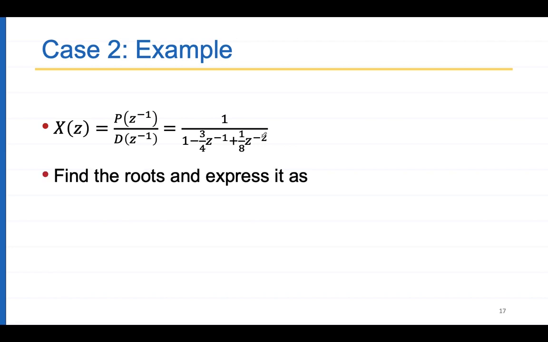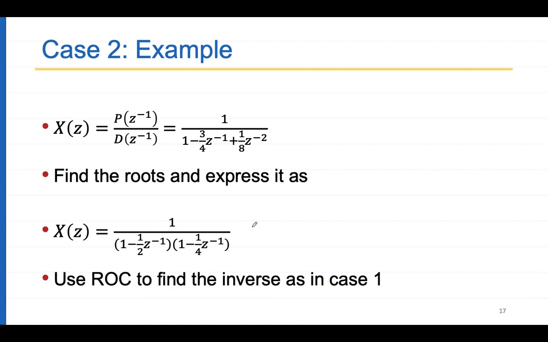So you factorize it, find the roots and express it in the form which was given. It becomes the same form we saw in the previous example, so you find the roots, factorize this into these simple terms, and then use the ROC to find the inverse as we did in the previous example.